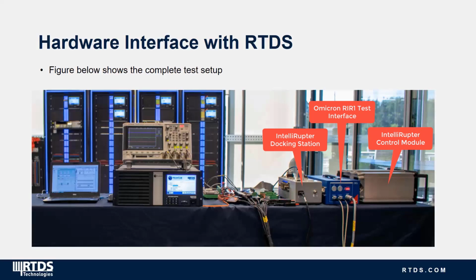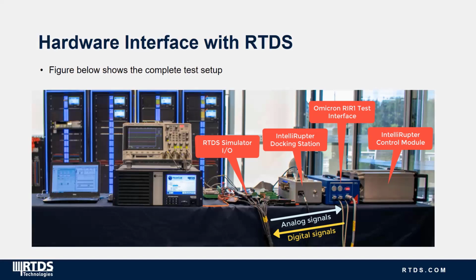Now, the RI-R1 unit from Omicron is also connected to the RTDS simulator by using the I/O cards on this table here. These I/O cards are connected into the front of the Omicron RI-R1 test interface.